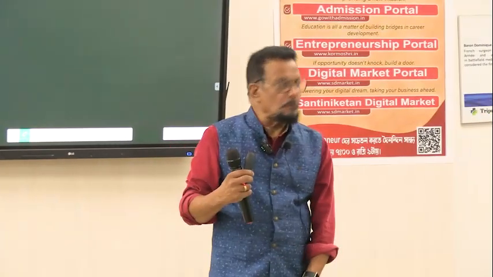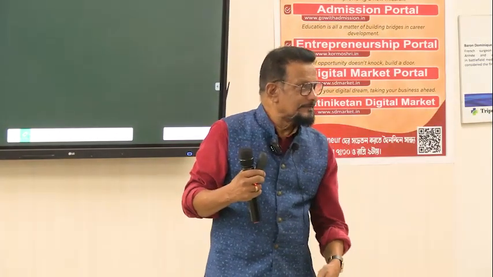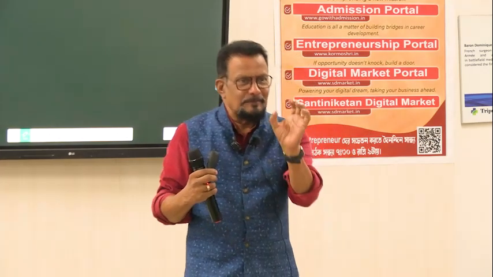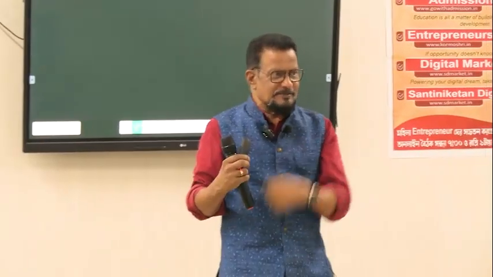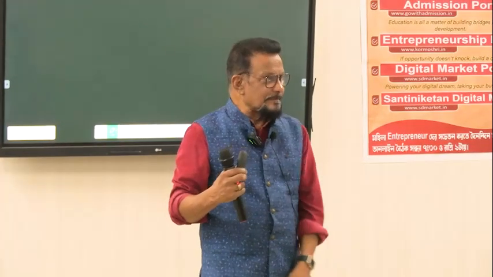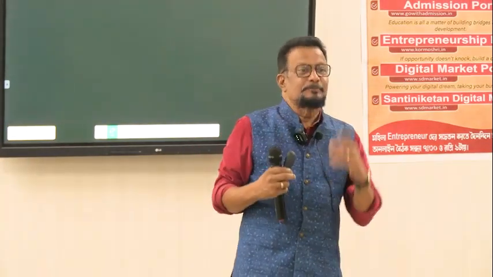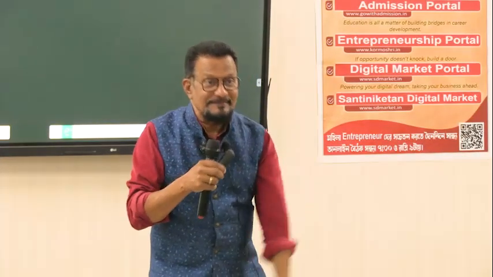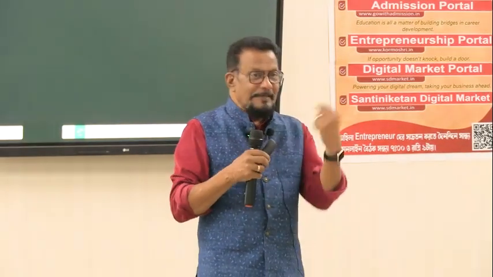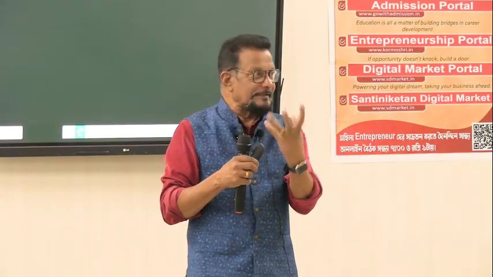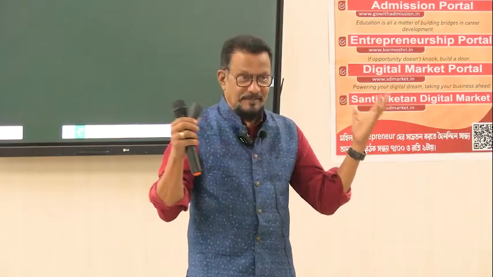So what will happen to my muscles? Gradually muscles will become thin. And when this bandage or plaster is removed, you will find one leg is okay, another leg is thin. It's because of atrophy of the muscles. So inactivity leads to atrophy, and hyperactivity leads to enlargement.